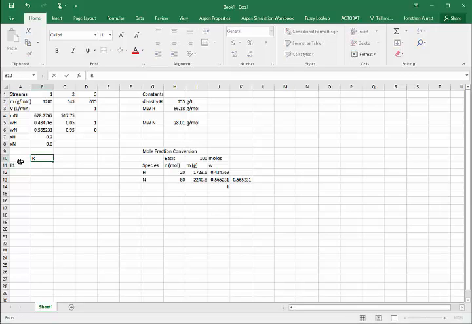And if I look at the left-hand side, it's going to be equal to this, and the right-hand side is going to be equal to M2 plus M3. So that's fine. And equation 2, it's got to be this. So the mass of nitrogen in being equal to the mass of nitrogen out.